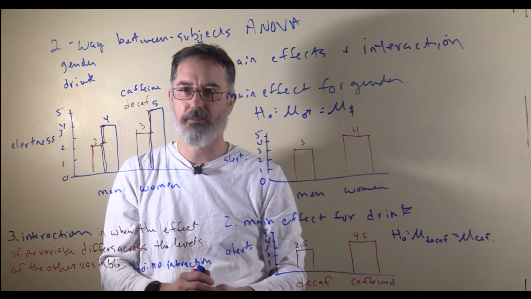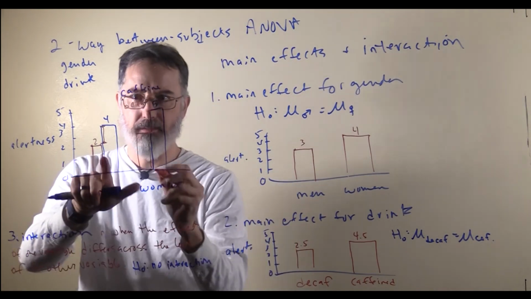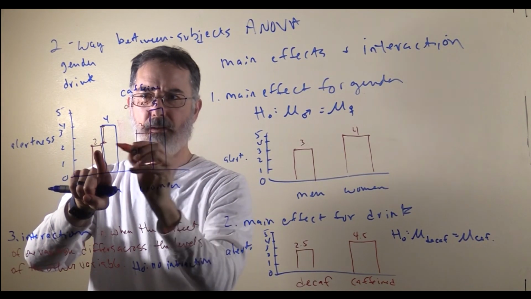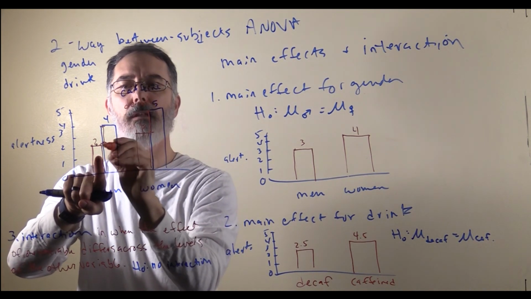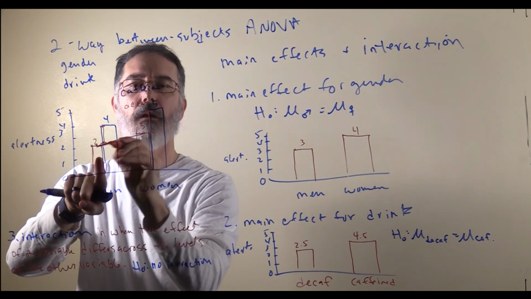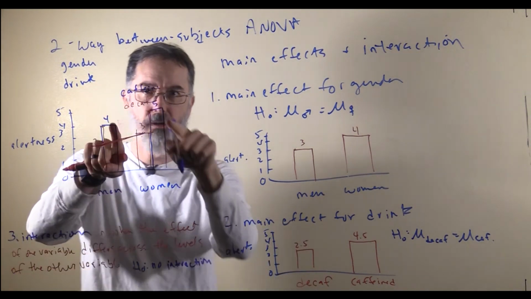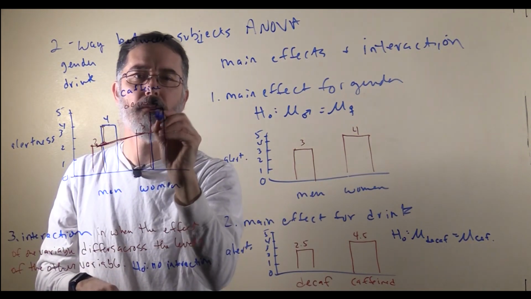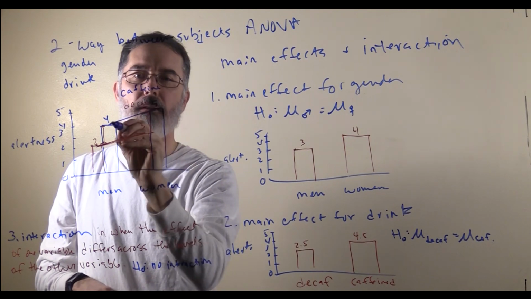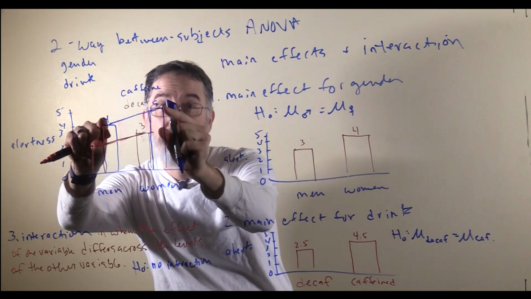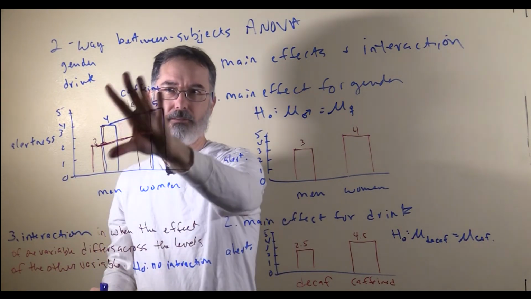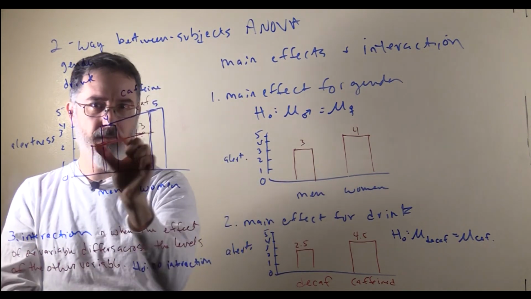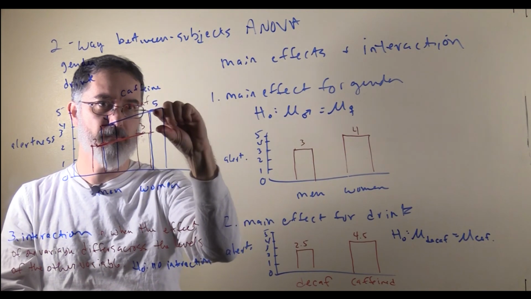But another way to do it that's pretty easy is to draw, for the decaffeinated condition, a bar right across the middle of these two. So we'll draw that bar there. And then we draw a bar across these two bars, middle to middle, doing my best. If these two lines are parallel, that tells you this boost here is the same size as the boost here.